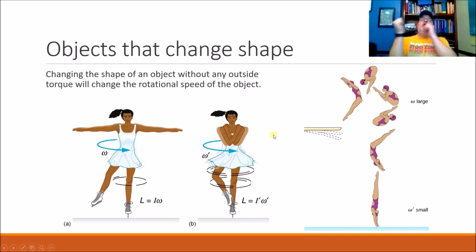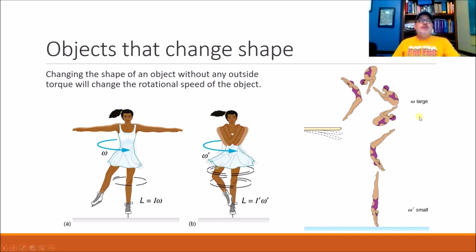But as she pulls her arms inward and her legs inward, then her rotational inertia decreases. And since there's no outside torques, her angular momentum must remain the same. So therefore, her spin rate goes way up, and we see this all the time in ice skaters.